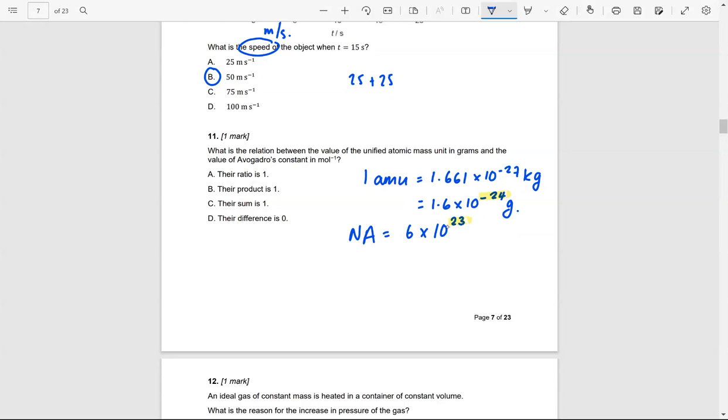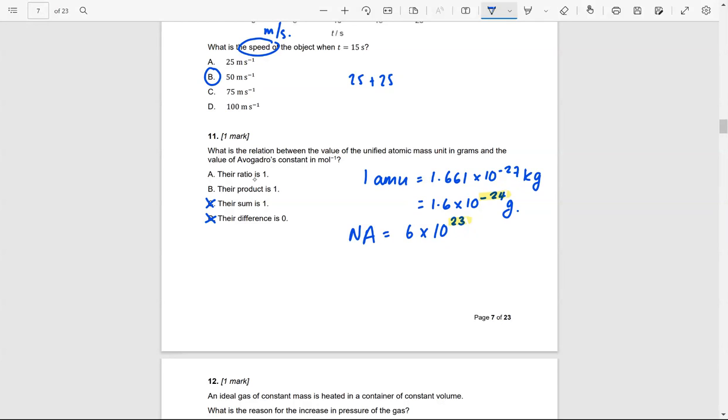This one's really small, this one's really big, so no, they're not the same number. Their sum is 1. No, if you add 1 AMU to Avogadro's number, you're not going to change this number. This number is so small, it wouldn't make a difference. So, no.